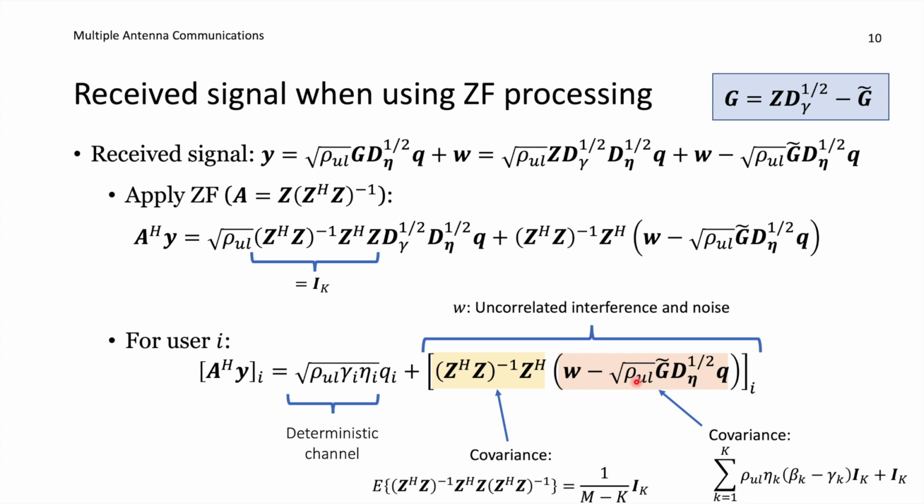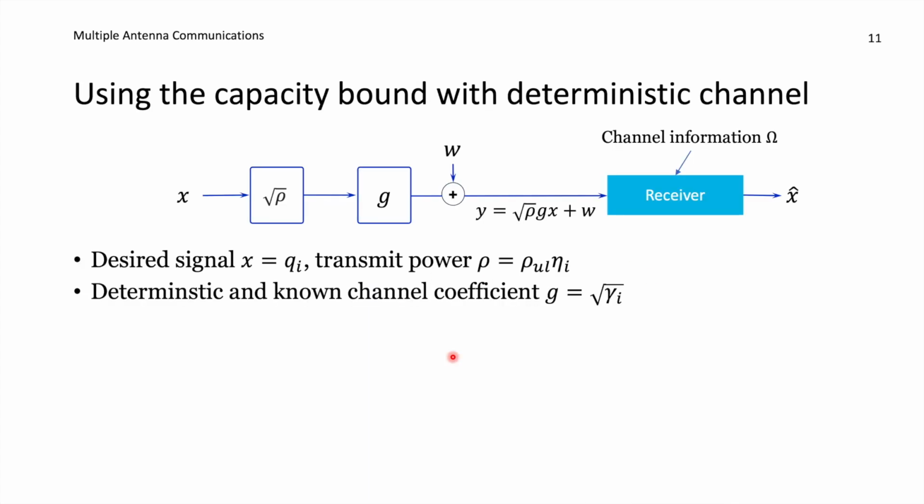And since these are independent random variables, we will get the constants here as the variance of the W variable.